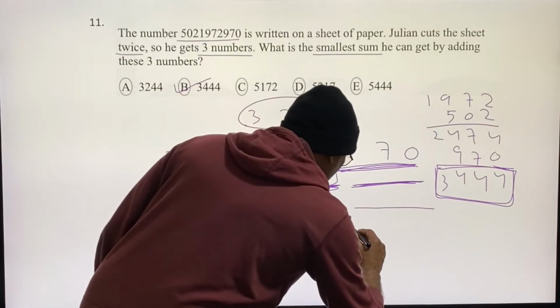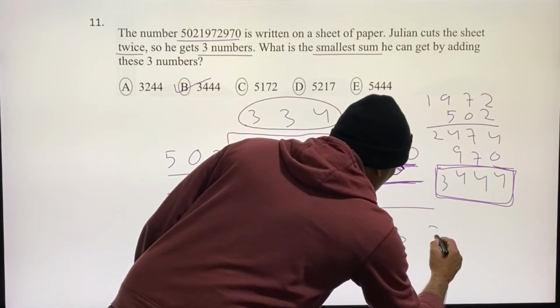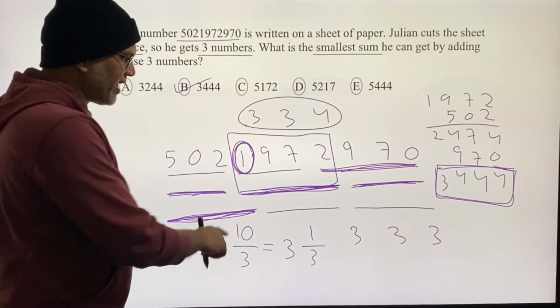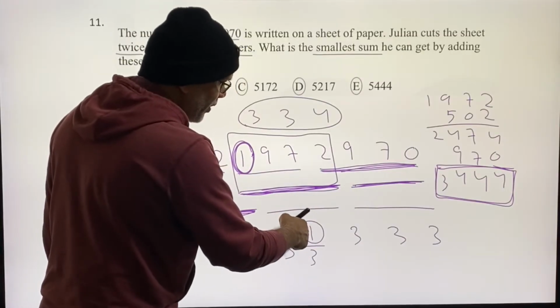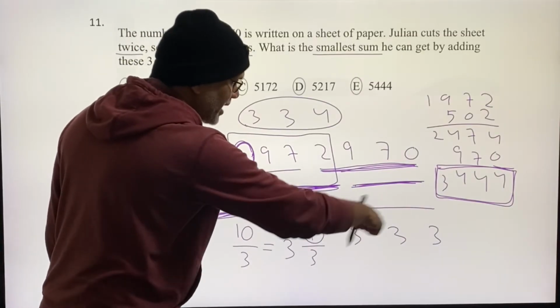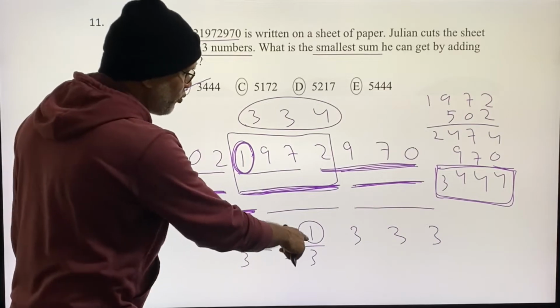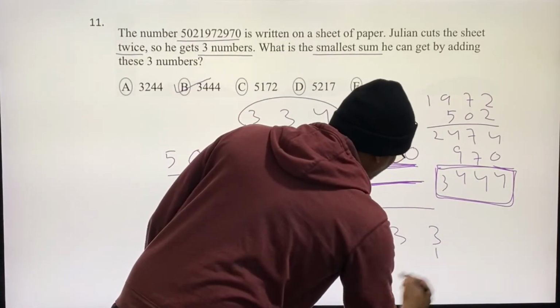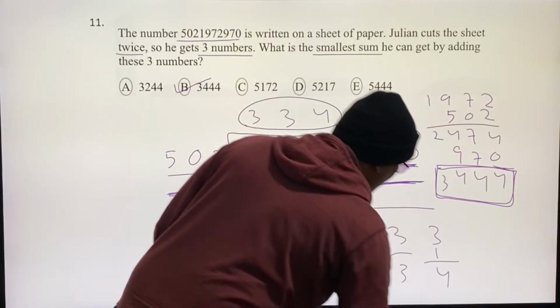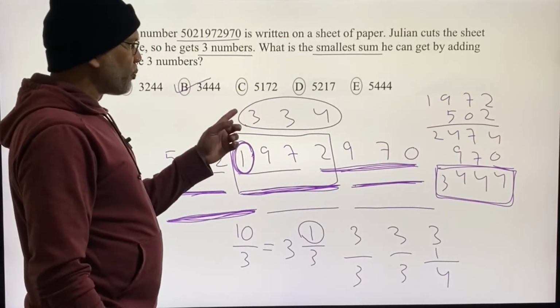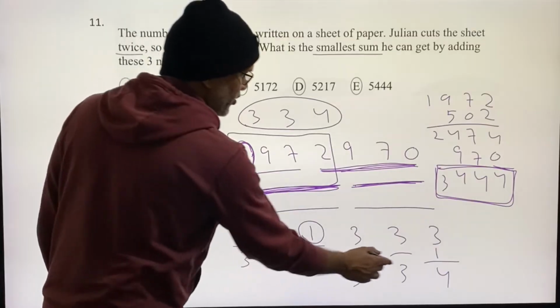So there will be 3 groups of 3 each, and then whatever is remaining, I distribute among as many groups as I can. In this case, I have only 1 remaining, so I'll just give it to 1. So this will be 3, this will be 3, and this will be 4. So this is how I came up with the grouping of 3, 3 and 4.